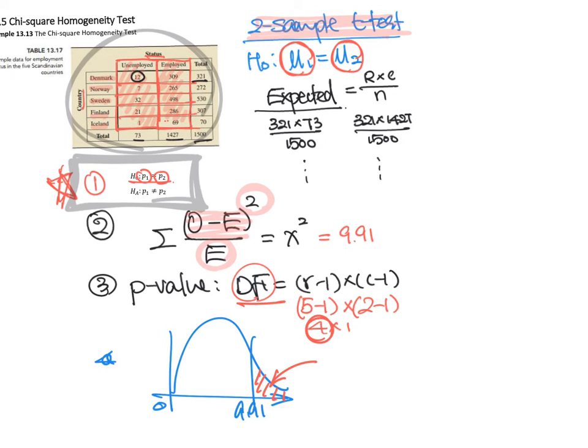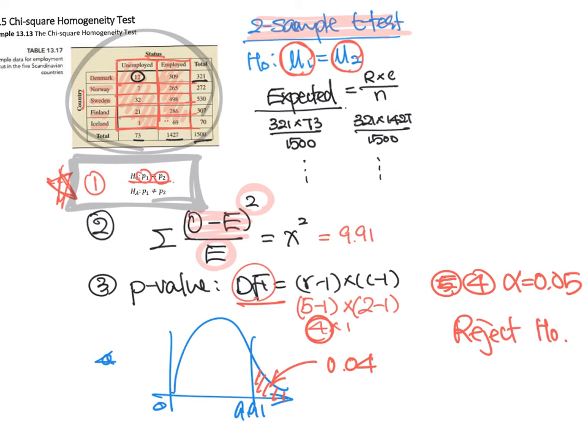Then the right tail will be 0.04. For the decision, alpha equals 0.05, so reject the null again. That means the two distributions of unemployed and employed by country are different. That will be the conclusion.